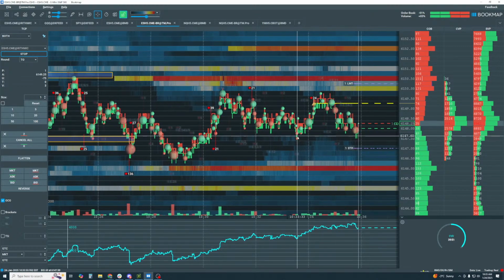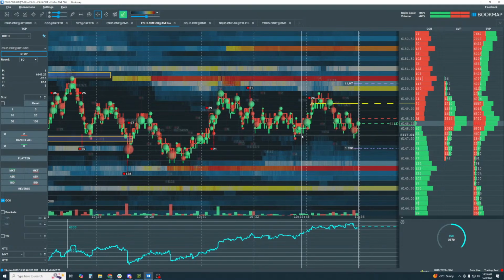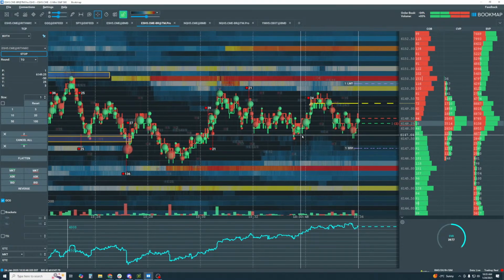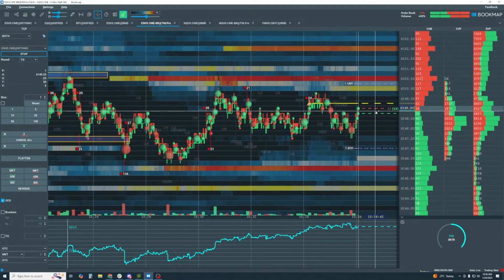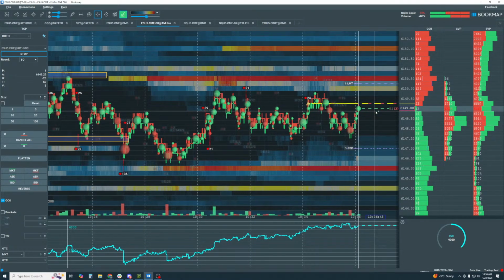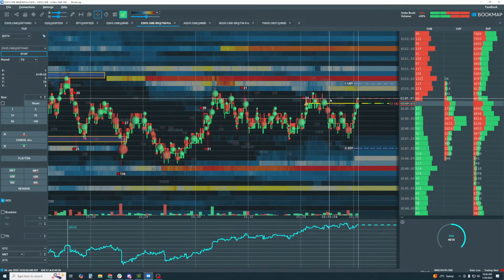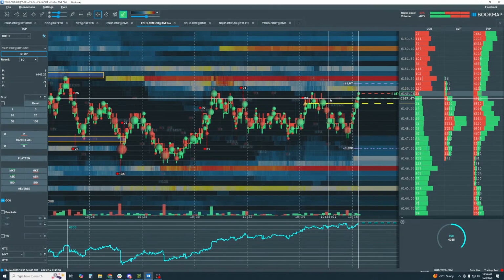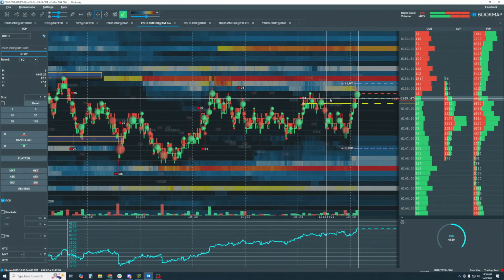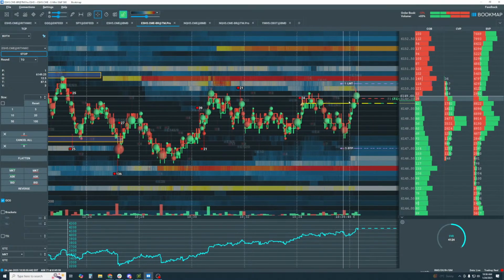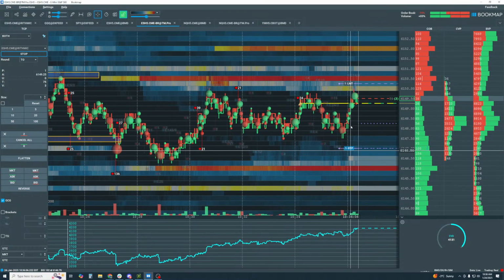So we've got to get our demand in here. Okay, looking much better now. I'm going to move my stop up a little bit to where that demand came in, right here.